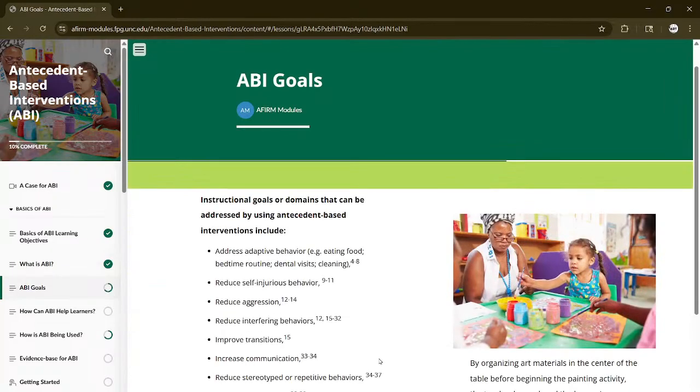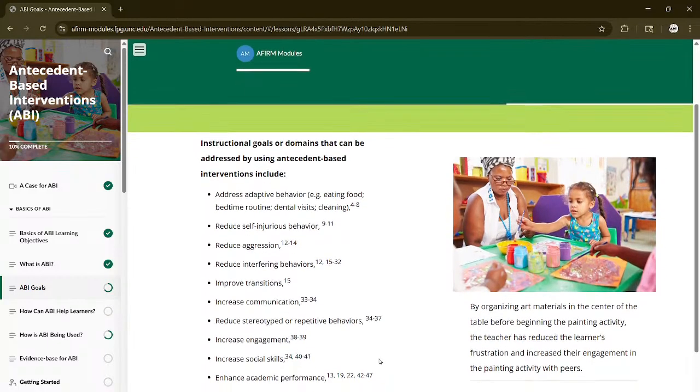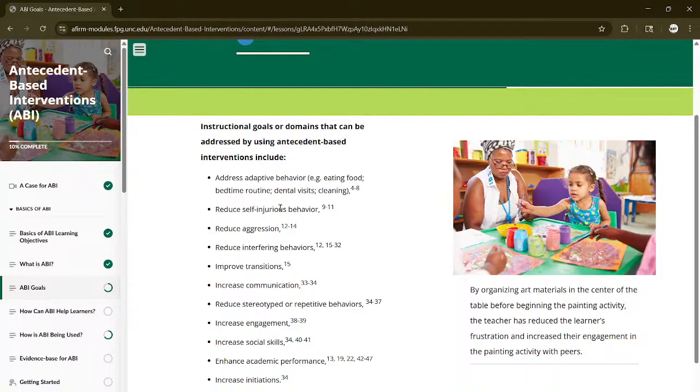ABI goals. Instructional goals or domains that can be addressed by using antecedent-based interventions include address adaptive behavior, reduce self-injurious behavior, reduce aggression, reduce interfering behaviors, improve transitions, increase communication, reduce stereotyped or repetitive behaviors, increase engagement, increase social skills, enhance academic performance, and increase initiations.